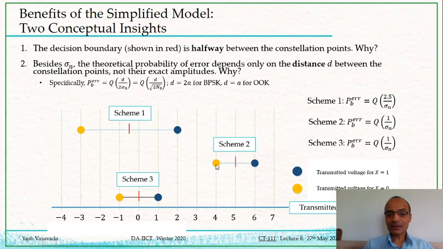The energy for bit 0 for scheme 2 is going to be 16. Energy for bit 1 for scheme 2 is going to be 36. So the average will be 16 plus 36 divided by 2, which is 26. So scheme 2 has an average energy per bit of 26 units, whereas scheme 3 has an average energy per bit of just 1 unit.